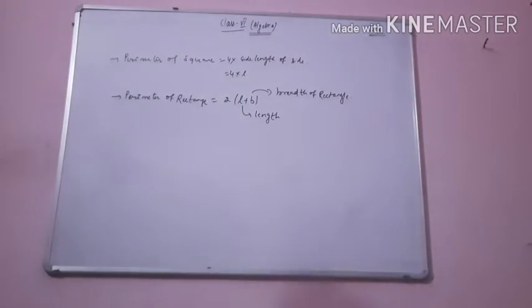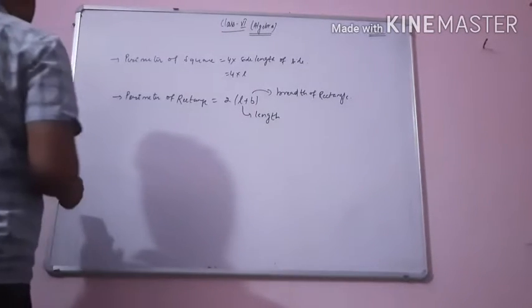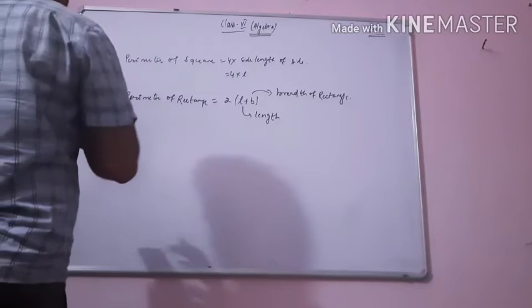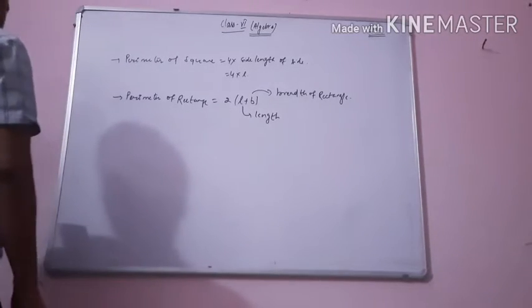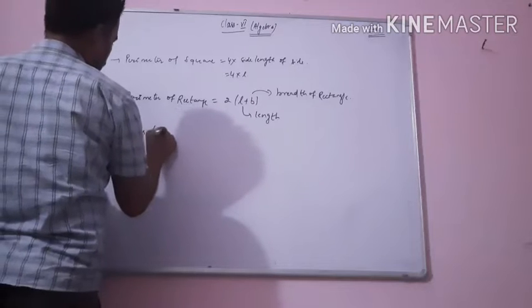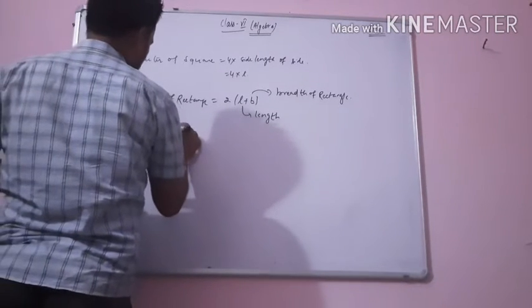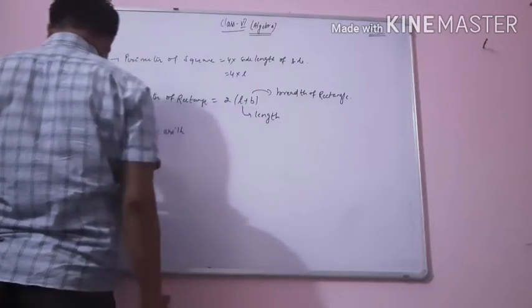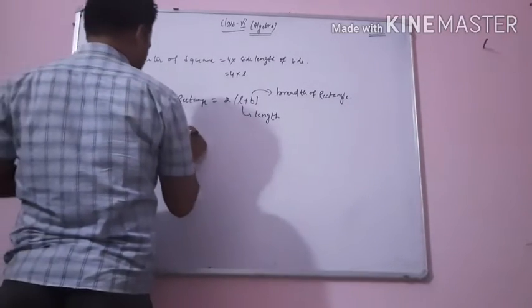The next topic given in our book is C, rules for arithmetic. This is our next topic.